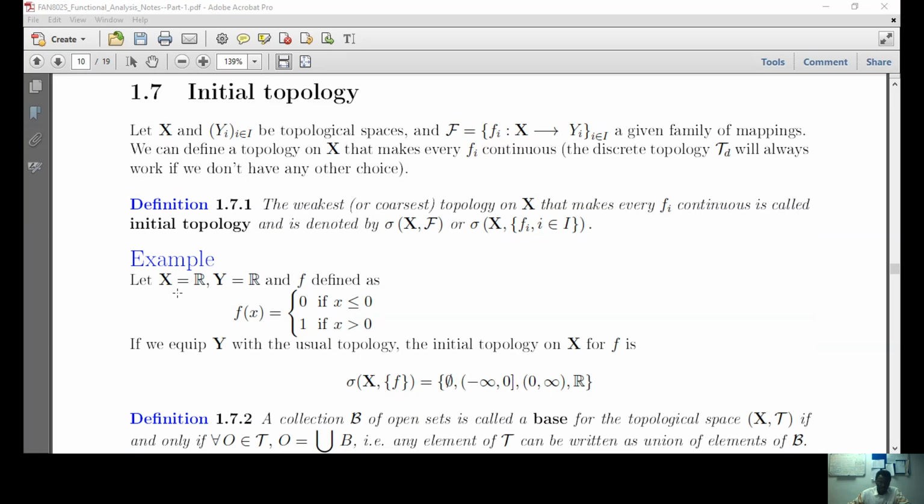Example: if we take X and Y to be R, and we define this function f, which is negative 1 for x less than 0 and 1 for x positive.